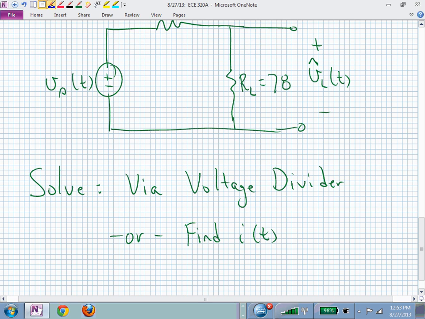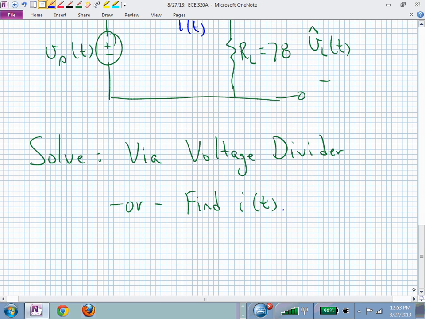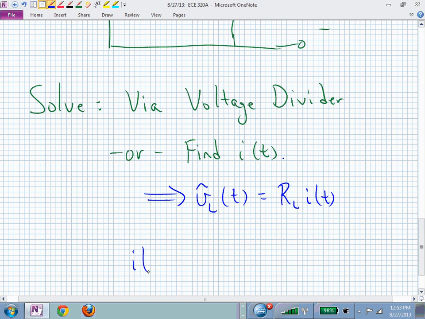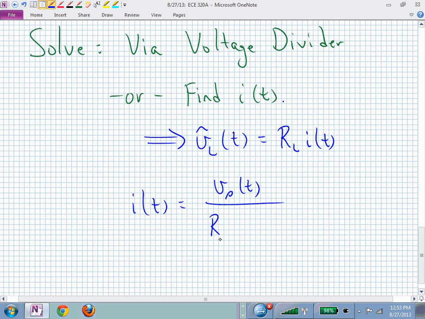And maybe we would want to indicate where our current was. But whatever we're doing, if we found the current, then we would say, oh, V sub L hat is now this load resistance times I of t, but I of t in this case was simply V sub S of t over the total resistance, which was the sum of those two resistors.